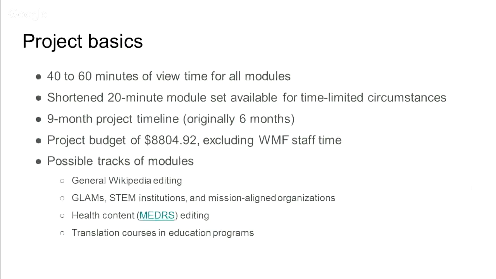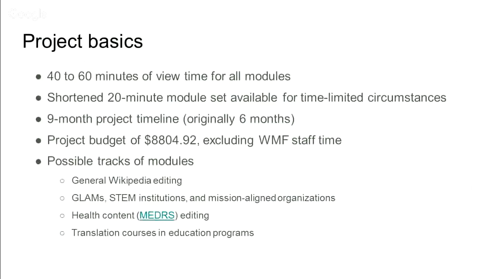And here are some possible tracks of modules. What I mean by track is a sequence of modules that have been selected for particular use cases. So there might be one track for general Wikipedia editing. There might be a track that's designed for GLAMs and mission-aligned organizations. There might be one for folks who are editing health content.